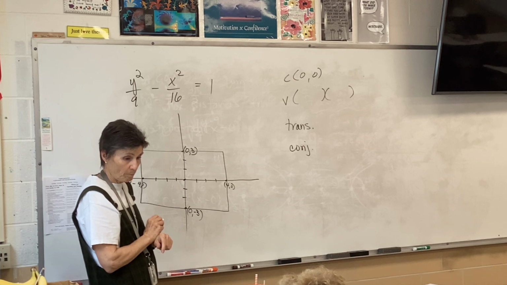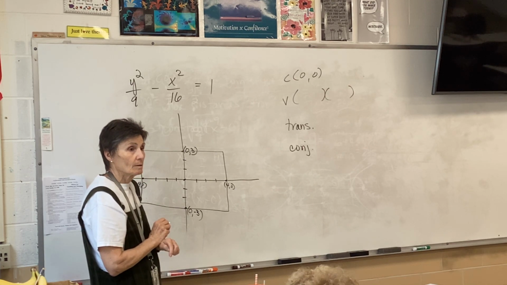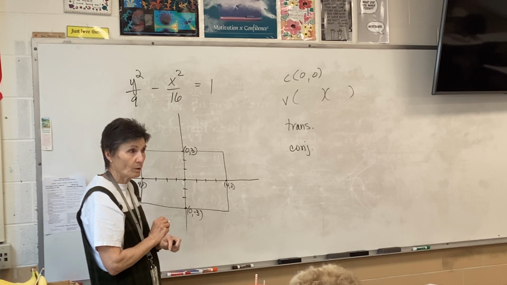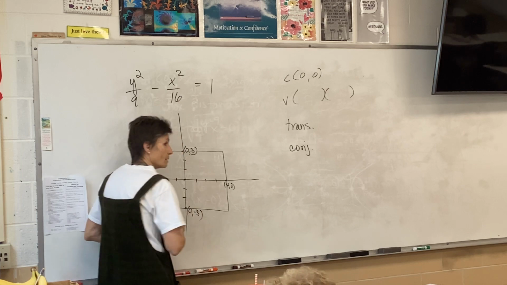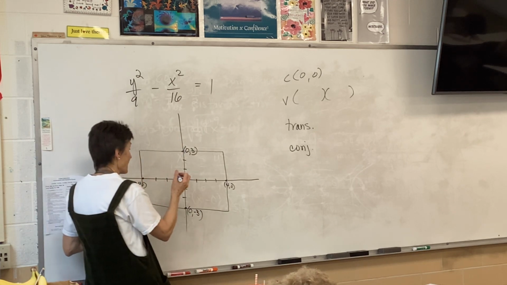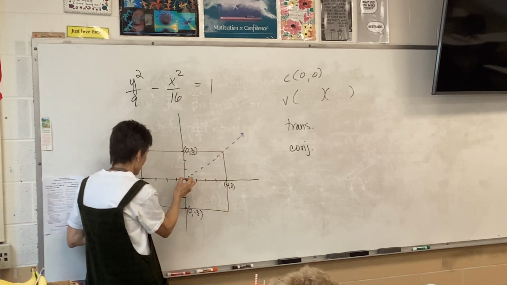Through your 4 points, you build a box. Okay, then what? What do we draw into that box? The diagonals, yeah. These are going to become the asymptotes of the picture.